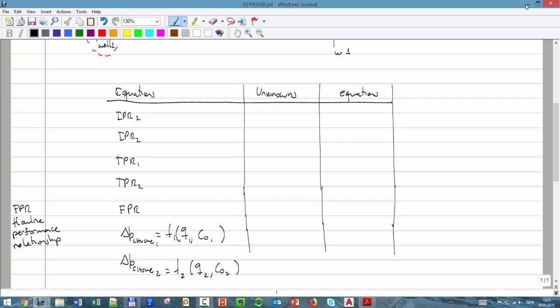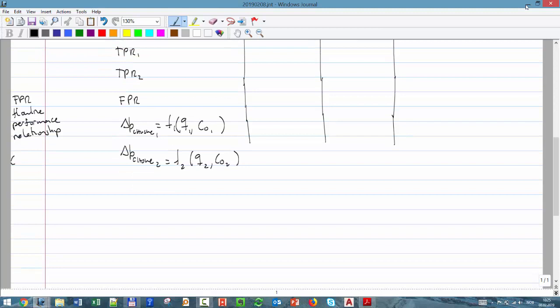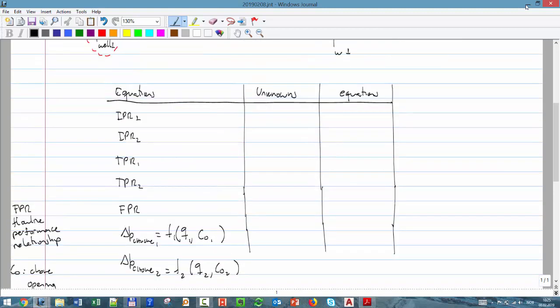If you sum the number of equations and the number of unknowns, you're going to see it still is consistent. We have one more equation, but then we have the delta P. So we are able to solve that system of equations.